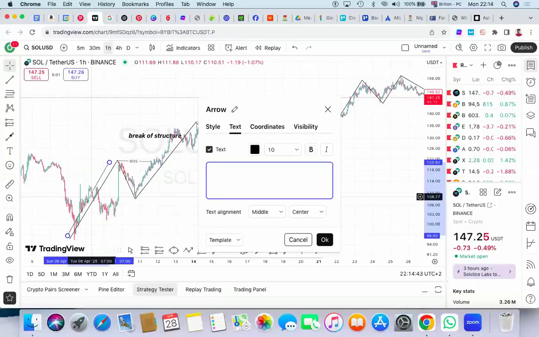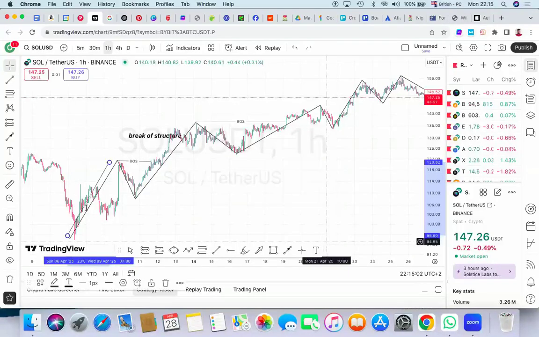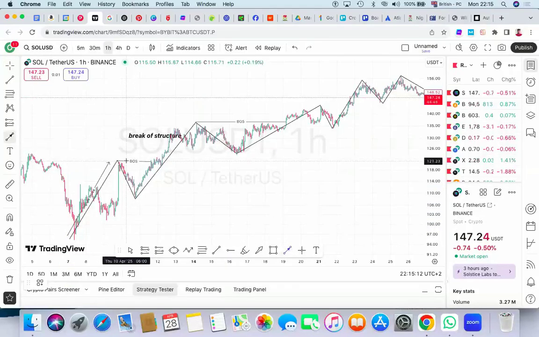And then you write impulsive move. I'll just shorten it. Impulse move. So we have this impulsive move. And then the next thing that follows it is a pullback.